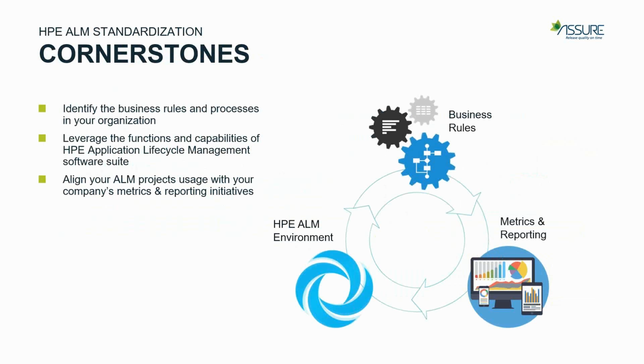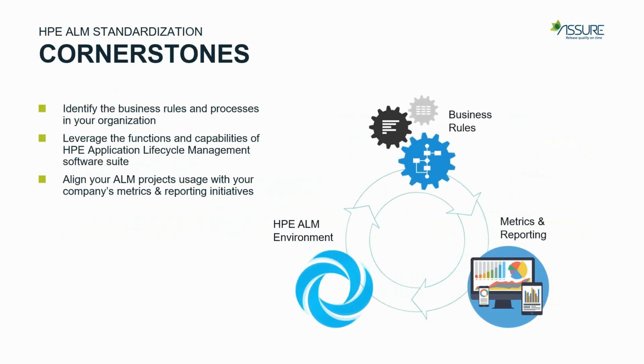So let's go forwards to HPALM standardization, our topic of the day. There's a few cornerstones in HPALM standardization. And I'd like to think that the business rules and processes in your organization give a good starting point for planning a standardization project. You need to understand what the business needs. And also, of course, you need to understand the metrics and reporting initiatives in your company and how to align your ALM project usage with these initiatives. And of course, this is something that standardization will give you a possibility for.